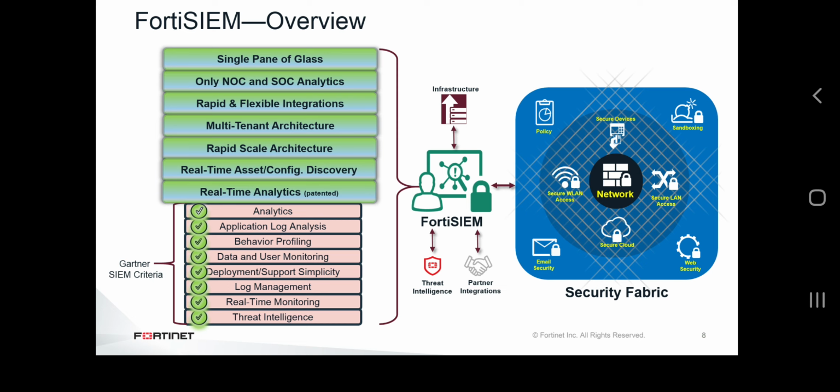That platform's automated network and security operations, and able to cross-correlate both security event data with network and infrastructure performance data, thereby providing SOC and NOC analytics in real time. All of this is delivered through a single pane of glass.